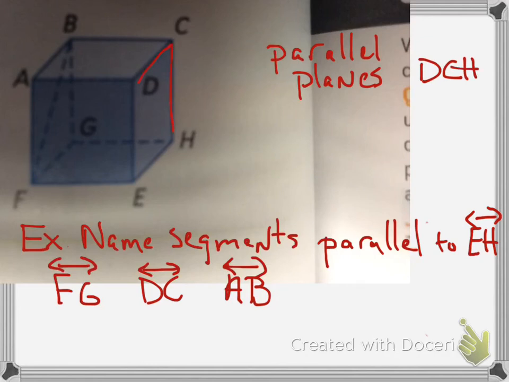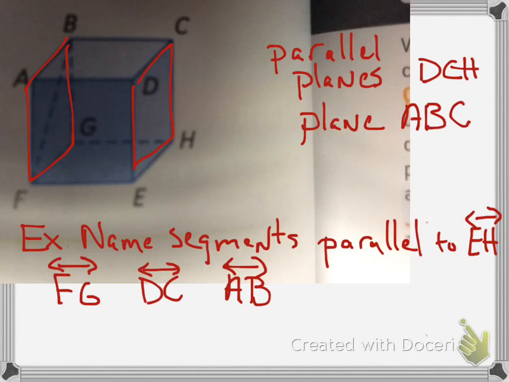So this one right here, what would be parallel to that? Well, the only parallel we have is the other one on the other side, so we can say plane, and as long as you have 3 points, but if you want to put all 4 points, that's fine. But here I'm going to put A, B, G, could have put A, B, F. If you want to put all 4 points just so you're safe, that's fine too.